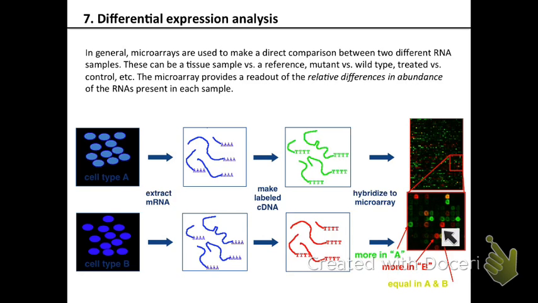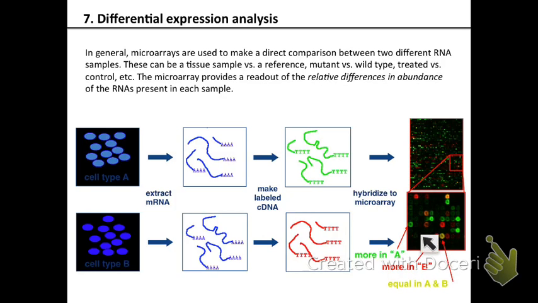What about this spot here? Is it more A or B? Right here, this red spot. B, right? Because it has more red. What about this spot here, which is yellow? About equal, right? So this gene is expressed about equally in both cell types. How about this spot here, which is mostly black?